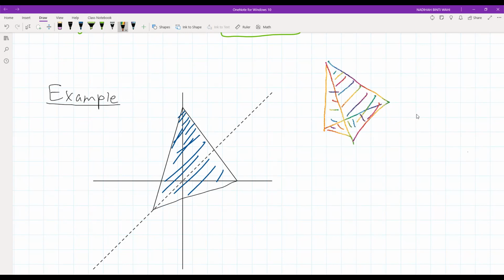Fill up. Okay, so in this case, you can look into several directions. You can look on this view, you can also look on this direction, and you can also look at this direction.